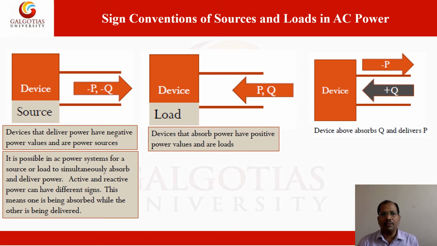Here we consider a source. A source is able to generate active power as well as reactive power. This source may be a generator connected to a particular bus, say the ith bus. This generator generates active power P and reactive power Q.